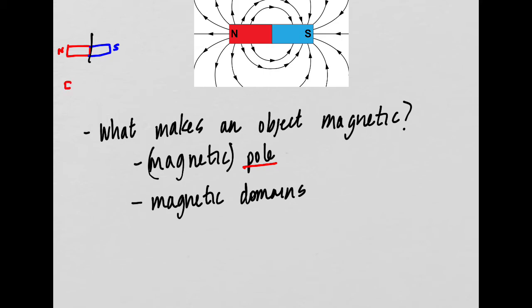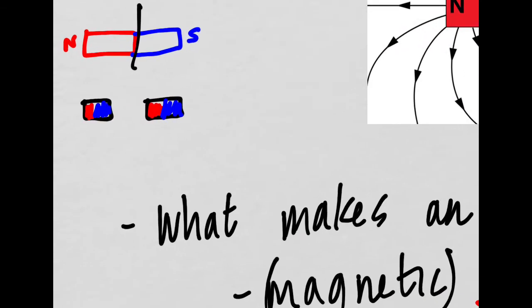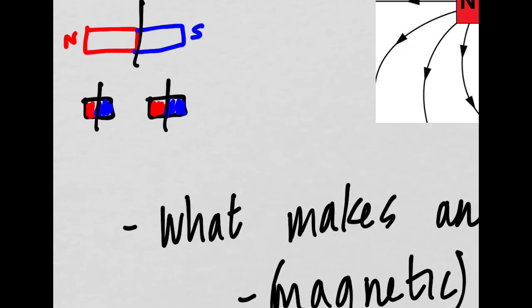I'm going to draw this actually this way. I would now have two smaller magnets. Both would have a north and both would have a south. And then if I wanted to cut those magnets in half, I would have 4 little magnets.